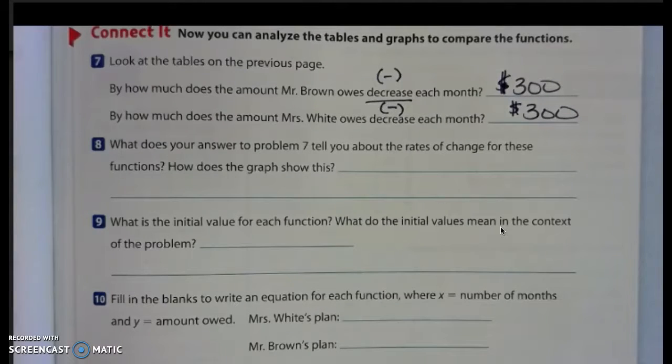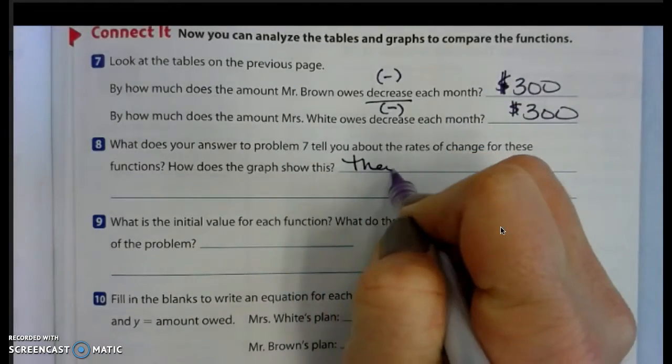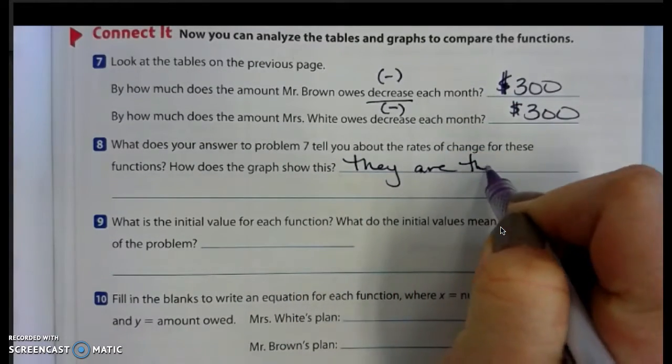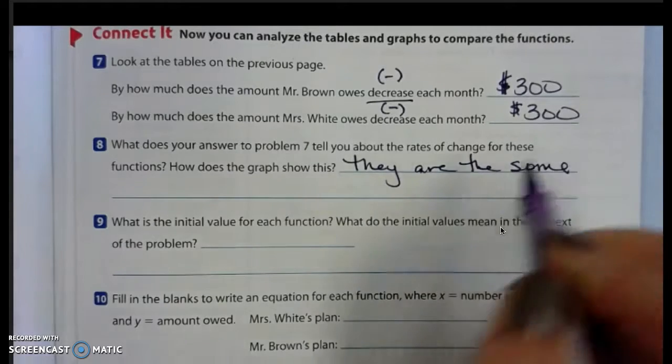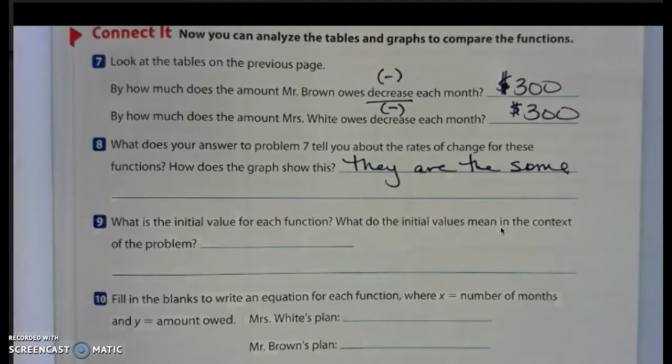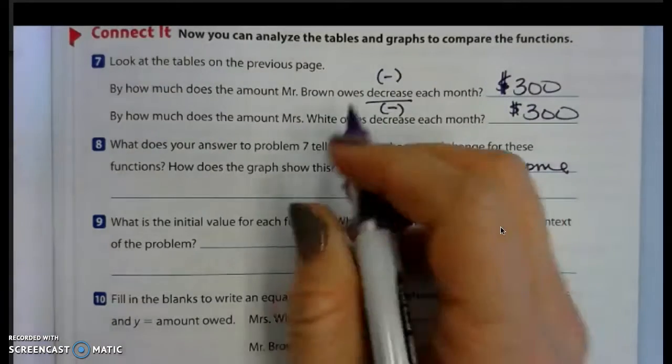What does your answer to problem 7 tell you about the rates of change for these two functions? 300 and 300, what does that tell me? It tells me they are the same. These questions, you overthink them. Okay, don't overthink them. It's just straightforward. How does the graph show this?